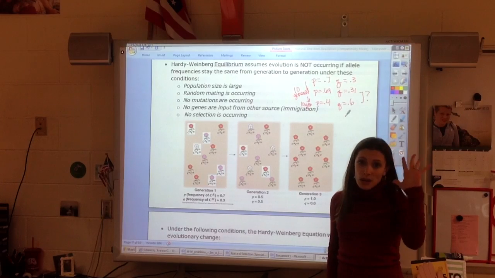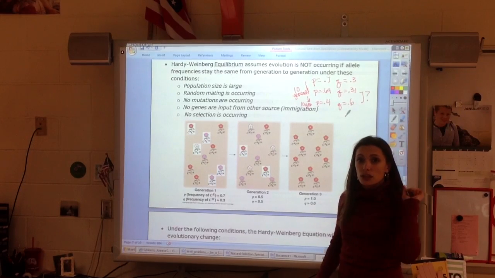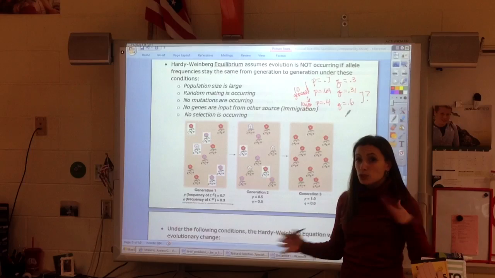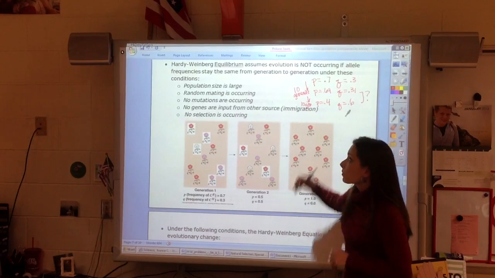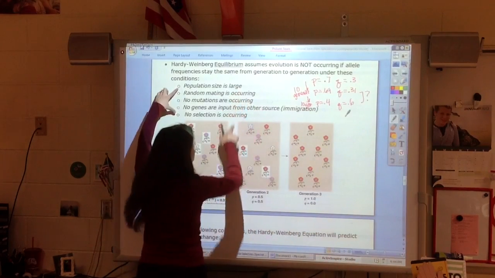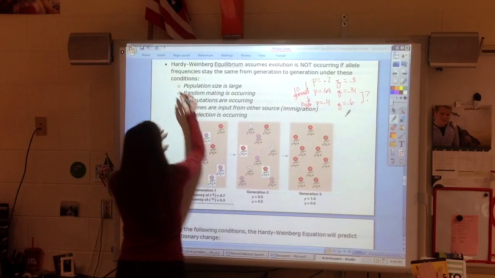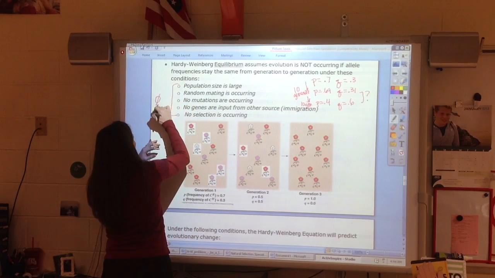And there are 5 main things that could cause the change, and you need to just memorize them, but you can use logic to understand. So these conditions mean that evolution is not occurring.